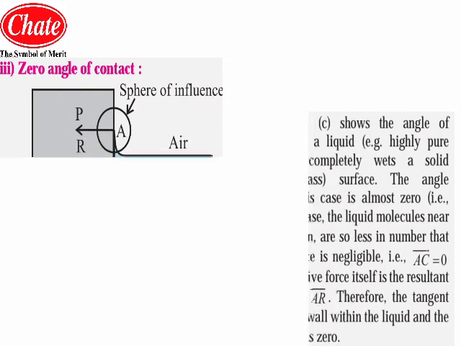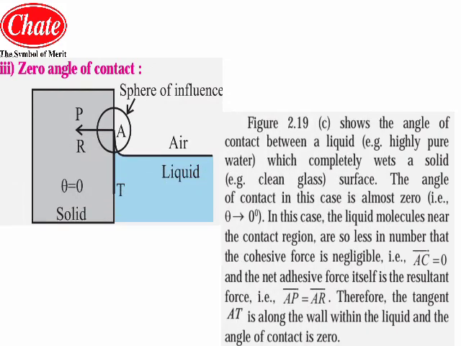Now the next case we will be learning is the zero angle of contact. In this figure you can see the angle of contact between a liquid and a solid which it completely wets. That liquid is highly pure water and the solid is clean glass. The angle of contact in this case is almost zero, as you can see students. Hence theta will be zero.